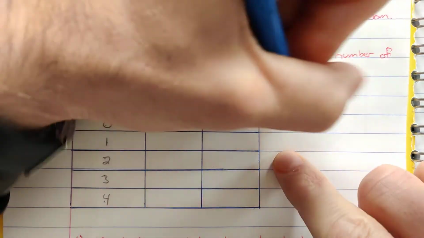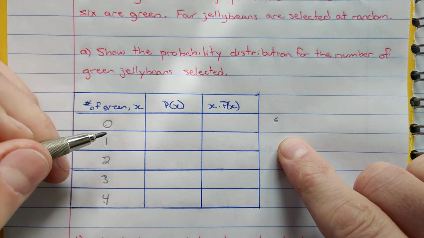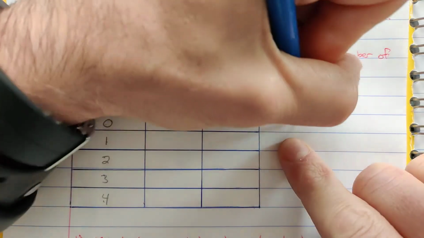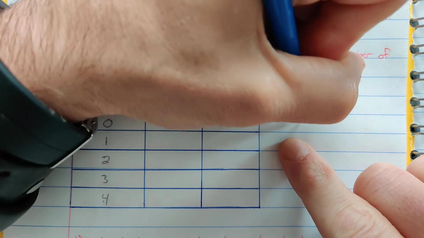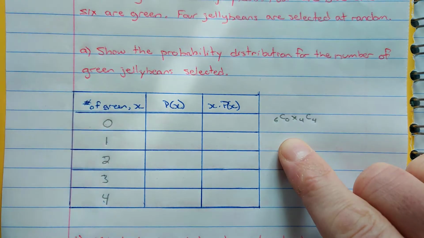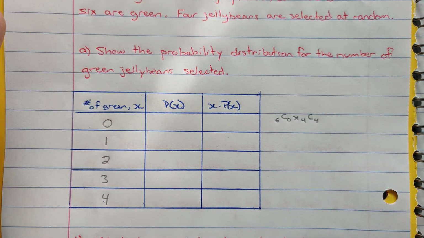So our probability in each case is going to be 6 green jelly beans, choose 0 of them, times 4 choose 4 of the blue jelly beans.